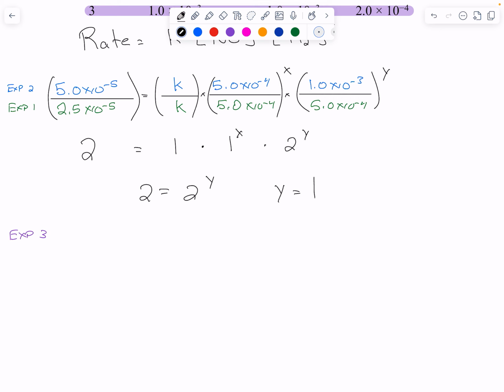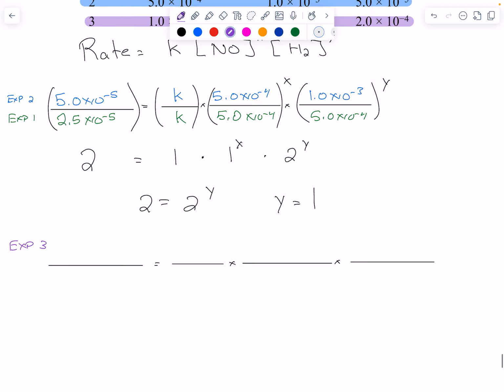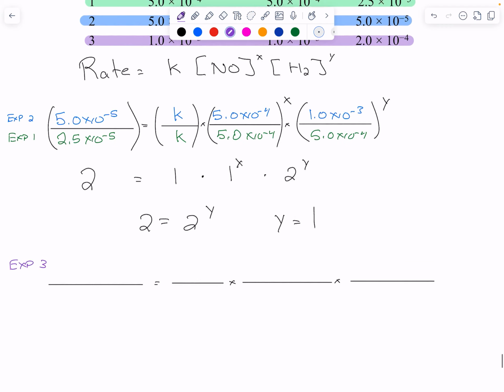All right. And so we're going to do it the exact same way we just did the first two. So let's go experiment 3. All right, my rate is 2 times 10 to the negative 4.